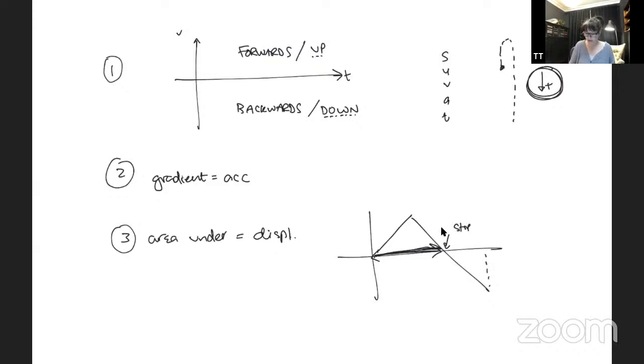So that area there is how far I've moved forwards. And then I turn around and I start going in the other direction, speeding up, speeding up. So all of that area is displacement backwards. So if you want to know where I end up relative to where I started, you'd have to do this minus this, okay? And that is literally it.